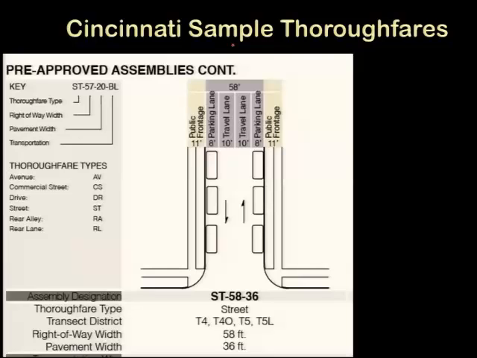But look down here. That's a street that's appropriate for T4 and T5 transect zones within those walkable neighborhoods that are within the compact urban. So I hope you begin to see how this begins to mesh all the way down to the design level, from MPO long-range planning all the way down to thoroughfare design.